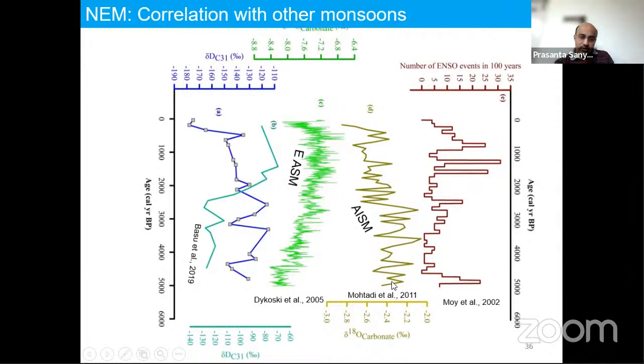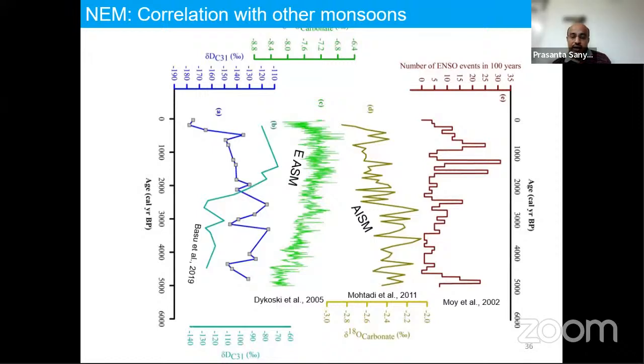If you compare this Australian-Indonesian summer monsoon data, it shows a similar trend to that of the Indian winter monsoon.